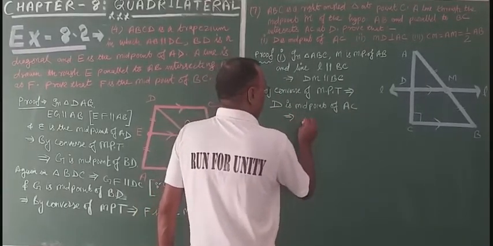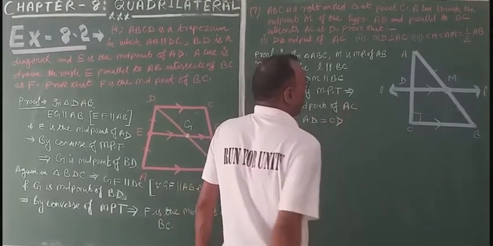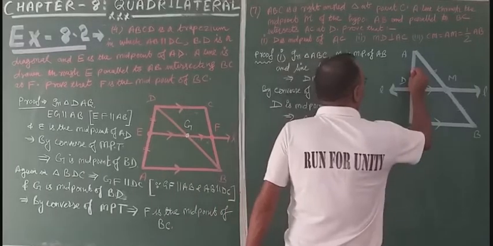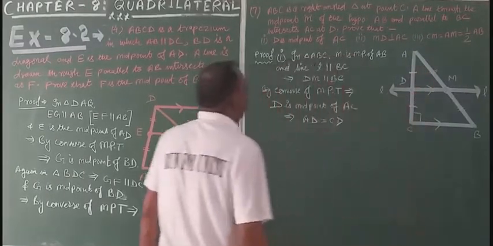Therefore, AD will be equal to CD. This is part number 1.